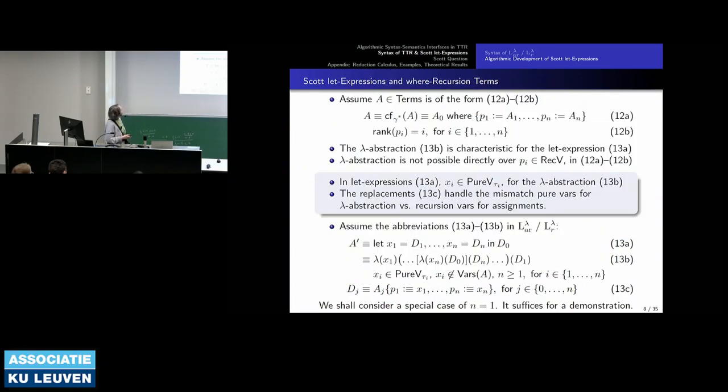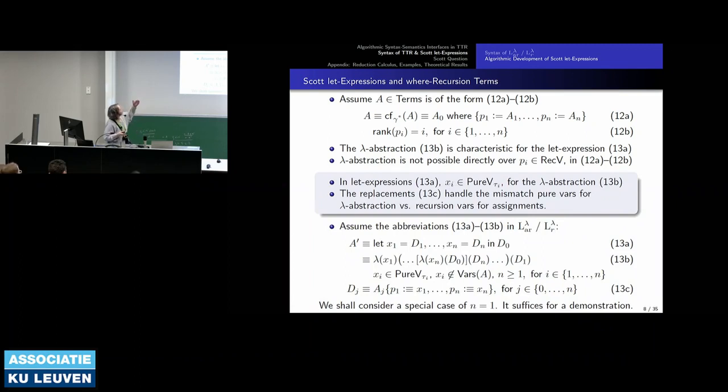So here is why. This is the page, and do I have time to say it quickly, at least intuitively? Here 12a is the recursion operator term. The characteristic property of the let expressions is (13a), (13b). B is the characteristic term of the let expressions. So they're equivalent.